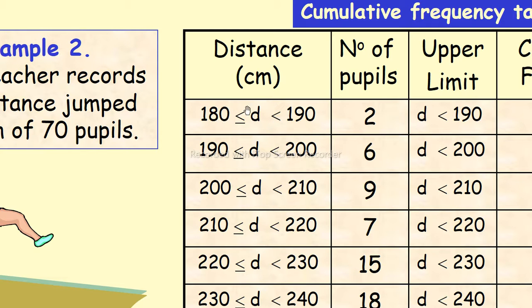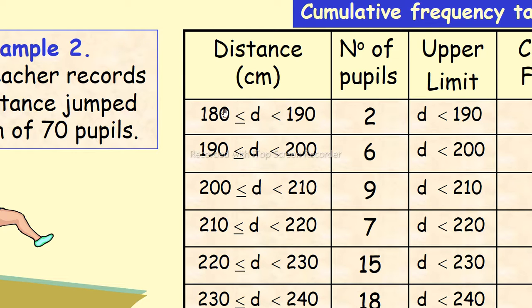So 180 is included, but 190 is not included. The reason 190 is not included is because it doesn't have the bar underneath. So this represents the distance that the student jumped that is between 180 and 190, inclusive of 180.